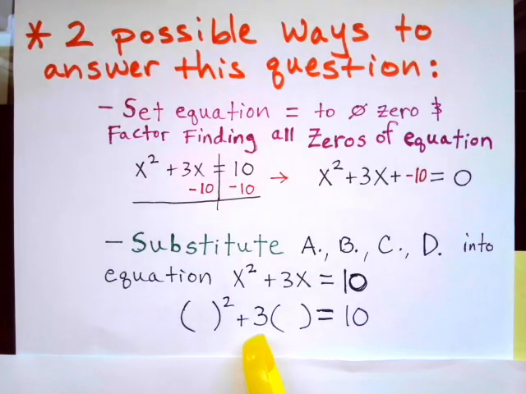When one side equals the other side of the equal sign, so 10 equals 10, then you know the correct option to choose: A, B, C, or D. So I'll get into that a little bit further on in the part 3 video, I believe. And I'll go in depth for each A, B, C, D answer until I find the correct answer, showing you step by step how to solve these particular types of problems.